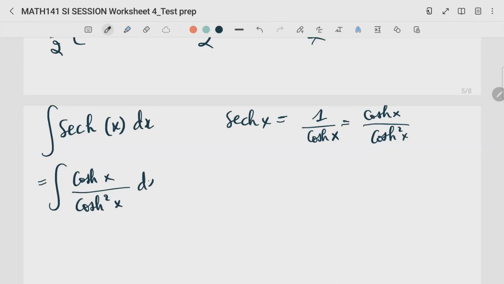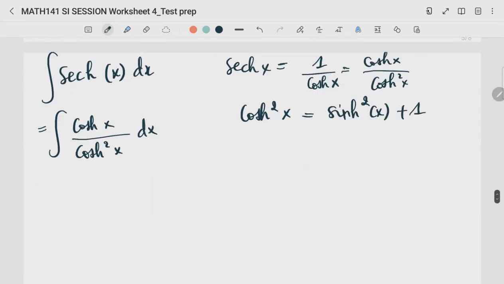And you know also from your trigonometric expressions, well, hyperbolic expressions, that cosh squared of x is equal to something similar to the trigonometric ones: sinh squared of x plus 1, right?